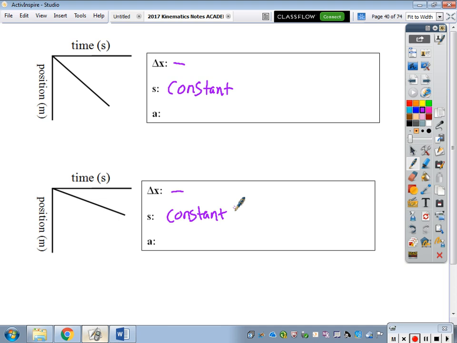If we assume that these two graphs have the exact same scale, our last graph is going to be slow, while our top graph is going to be fast. Why? Steeper slope in the first of these two, and more gradual slope in the second. Since it's all constant speed, the acceleration is going to be 0.